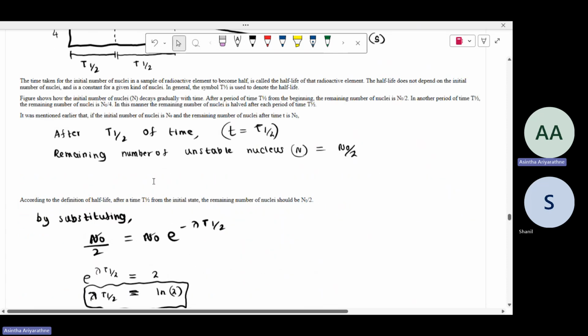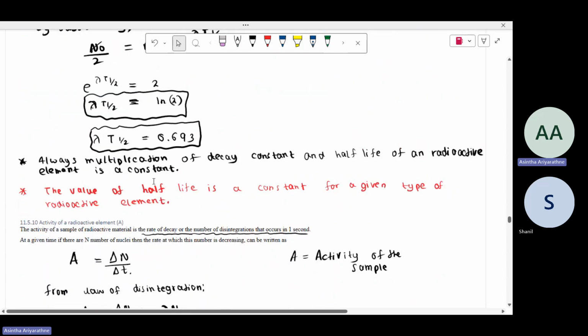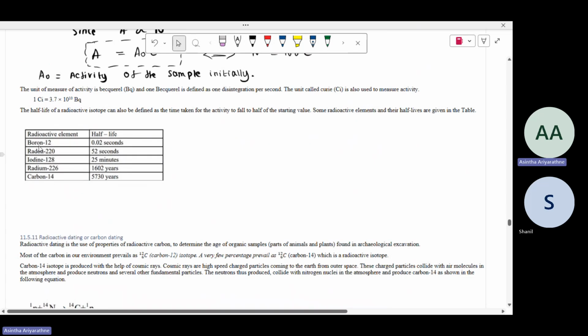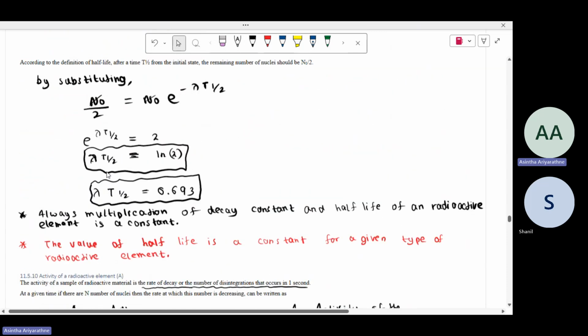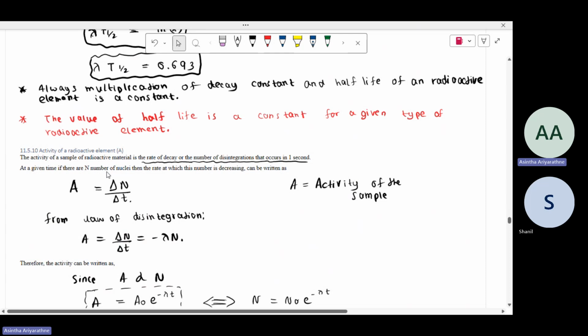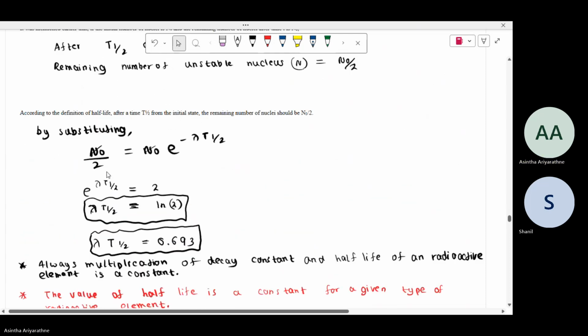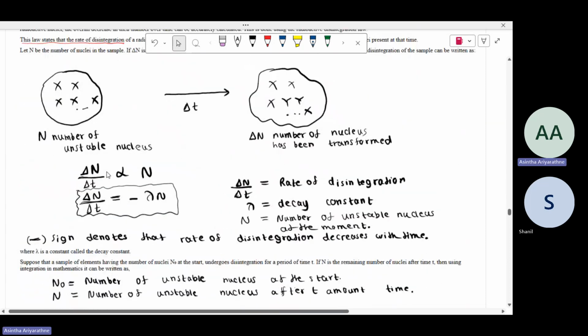Half-life is always equal, and half-life only depends on the type of the radioactive element. For boron, it is 0.02 seconds. For carbon-14, it is 5,730 years. For radium, it is 1,602 years. So likewise, the half-life depends only on the type of material.